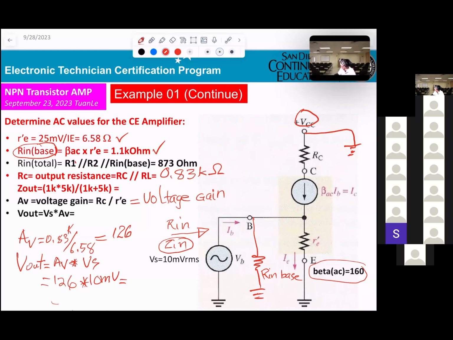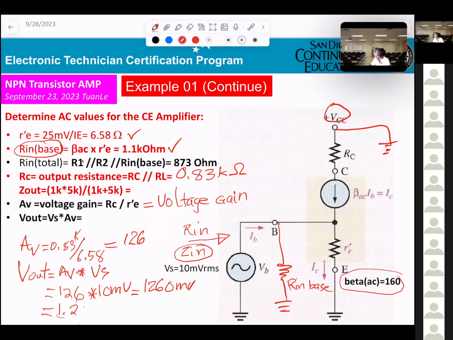So 1260 millivolt, or 1.26 volt. Okay, so that is the complete calculation. If you can understand, you will be an engineer someday.